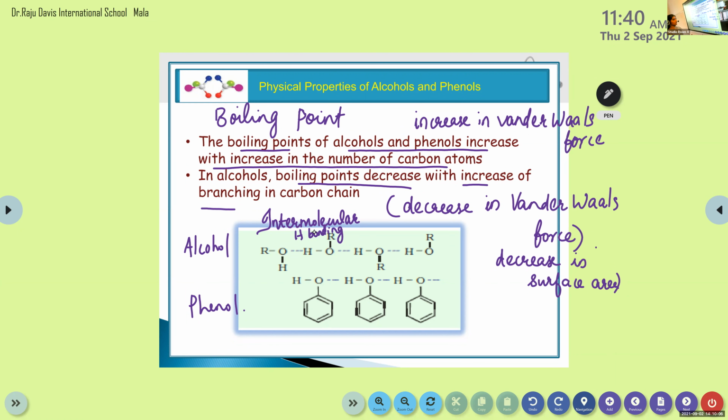The oxygen of one alcohol is bonded with the hydrogen of another alcohol. In the case of phenol also, same thing. This one is one phenol, this is another one. The oxygen of the first phenol is bonded with the hydrogen of the second one. So here also intermolecular hydrogen bonding exists between both alcohols and phenols.